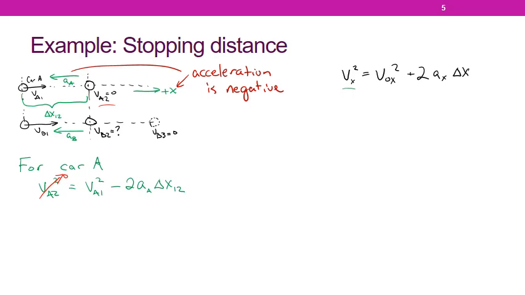When I do that, I find that delta x12, so the distance between where the car A starts to brake and where it comes to a full stop, is its initial velocity squared divided by 2 times the magnitude of its acceleration. When I go ahead and plug in my numbers, I'm going to get that that's about 95.7 meters.